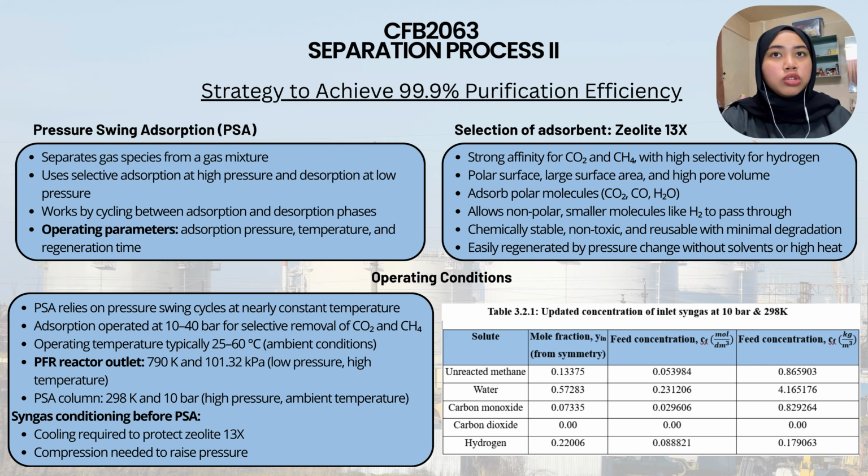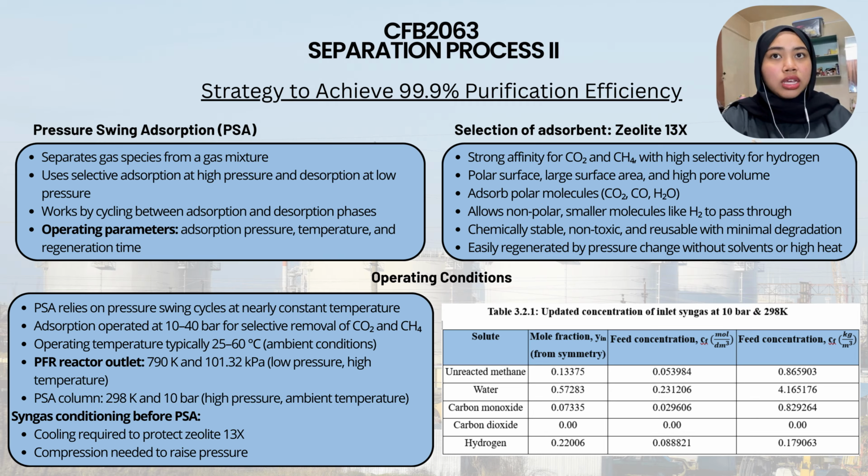The adsorbent that we chose to use is zeolite 13X, because of its strong affinity for carbon dioxide and methane, with high selectivity for hydrogen. It also has a polar surface, large surface area, and high pore volume that make it efficient.